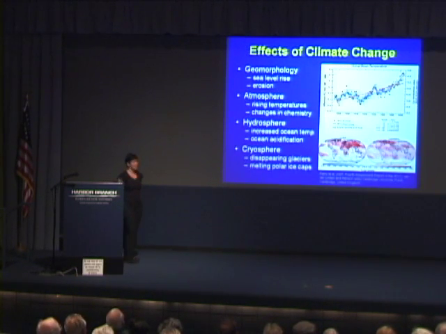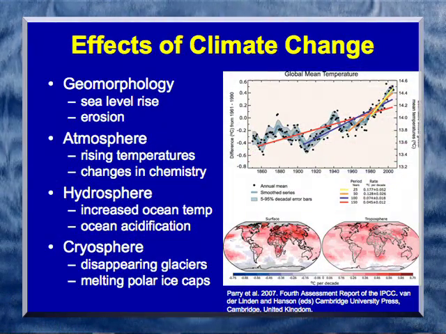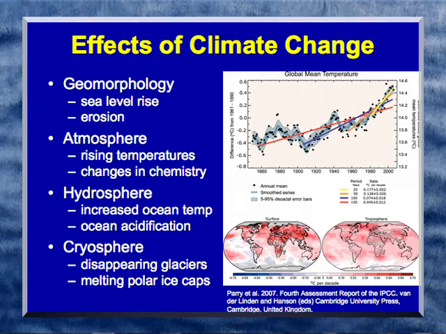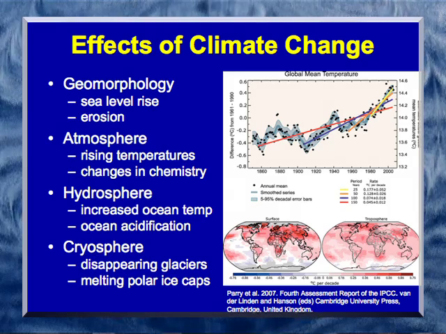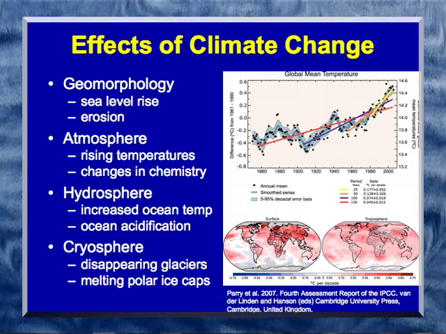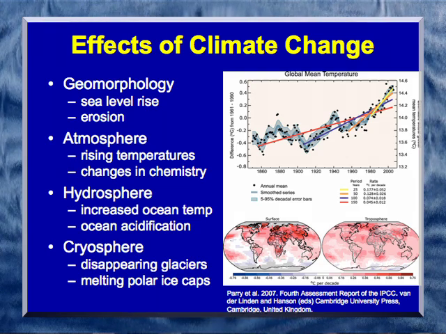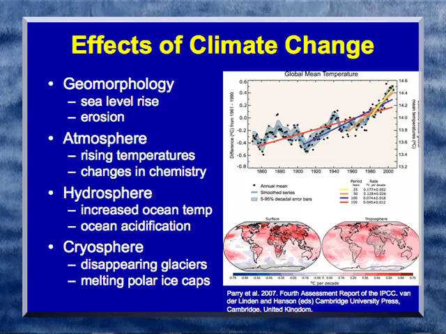So there are many effects of climate change, and they can range from impacts on geomorphology, which is anything having to do with landmass, such as erosion or loss of coastline due to sea level rise. In addition, you have changes in the atmosphere that can include changes in the chemistry of the atmosphere and warming of the atmosphere.